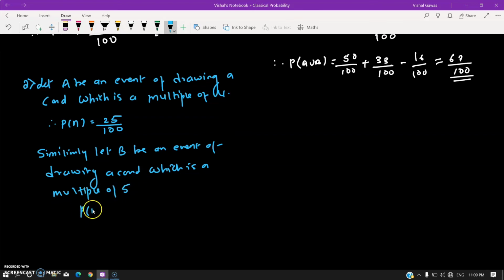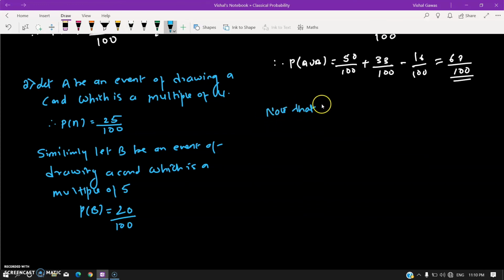So for P of B, how many multiples of 5 do we have? From 1 to 50 we have 10, and from 50 to 100 we have another 10. So altogether 20, and this would be 20 over 100. I hope this is clear why I'm writing 20: there are 20 outcomes favorable to this event, and the total number of outcomes is 100. And what about A intersection B?